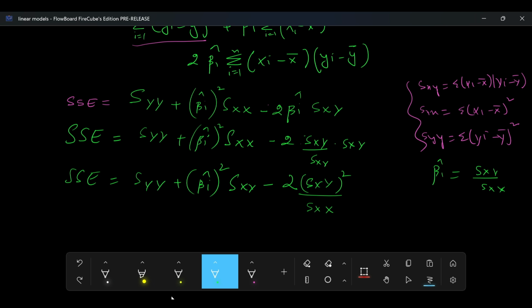Now in place of beta 1 hat square, replace it by this. So this is SYY plus SXY upon SXX whole square times SXX minus 2 SXY square upon SXX.